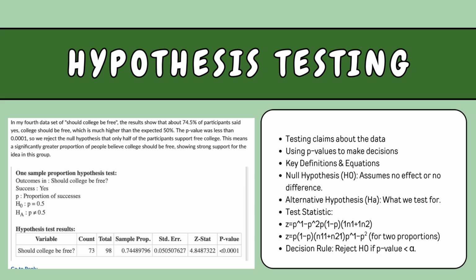But this gives us a chance to statistically analyze that data and say, hey, after this analysis, there is significance with that idea, and it can help prove that instead of just saying, oh yeah, college students think that college should be free.